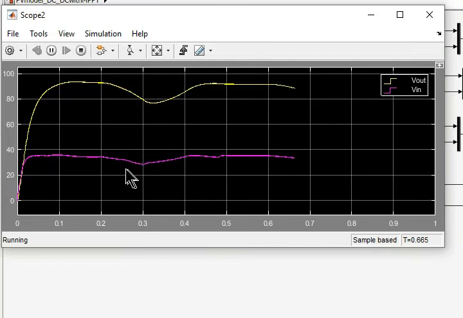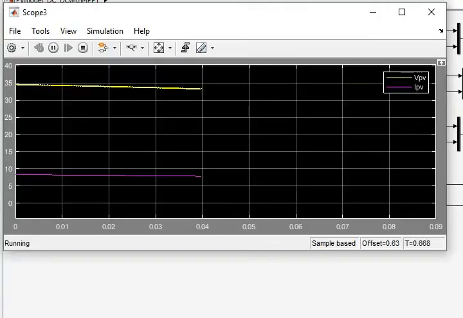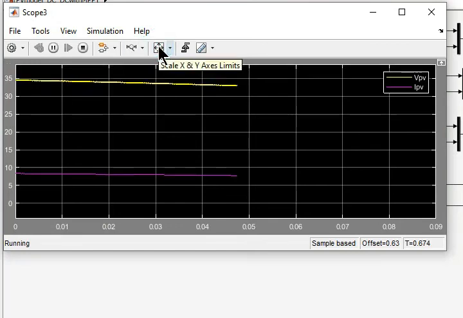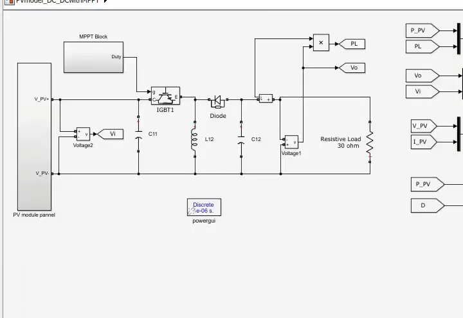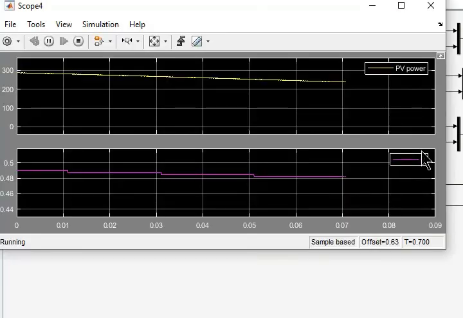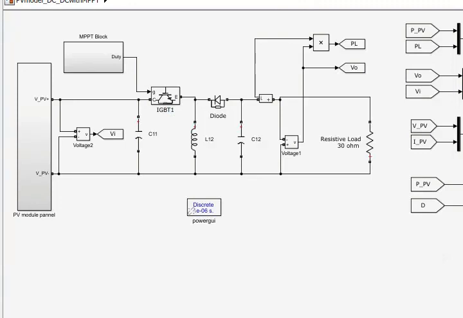The upper one is the output voltage, it's the input voltage of the boost converter. And these are the PV currents and voltages. When the simulation ends, I will share all these simulations with you. So let's stop it. It's taking too much time.